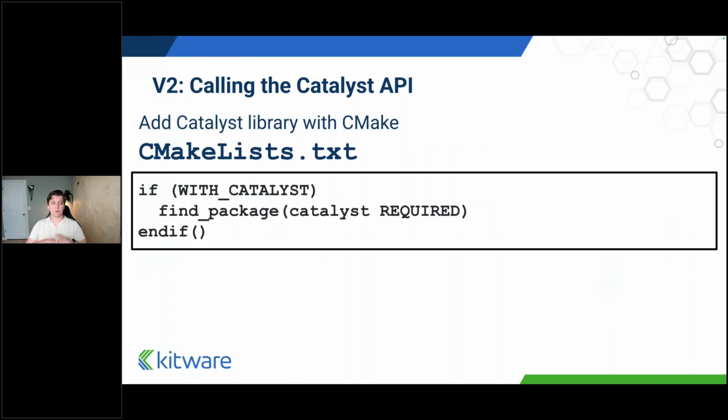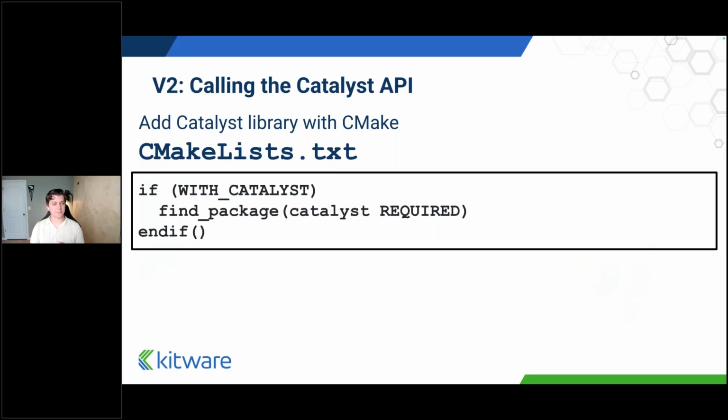All right, so we have some very straightforward things to add to our CMake. We're going to add a CMake option with Catalyst, which is going to mirror our with MPI option. If we compile with Catalyst, we will find the package Catalyst. This will require that you have Catalyst built on your system and that you know where the Catalyst library lives.